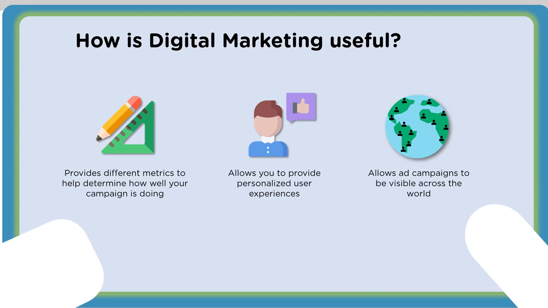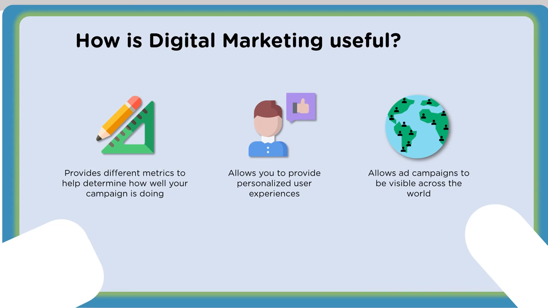We can also provide personalized user experience. So meaning if we know who our targeted audience is on, say, Twitter or LinkedIn or Facebook, we can really cater our messaging to that group. Probably most importantly is that digital marketing compared to traditional forms of marketing allow us to really reach a global audience very easily at a very low cost. That's the key.